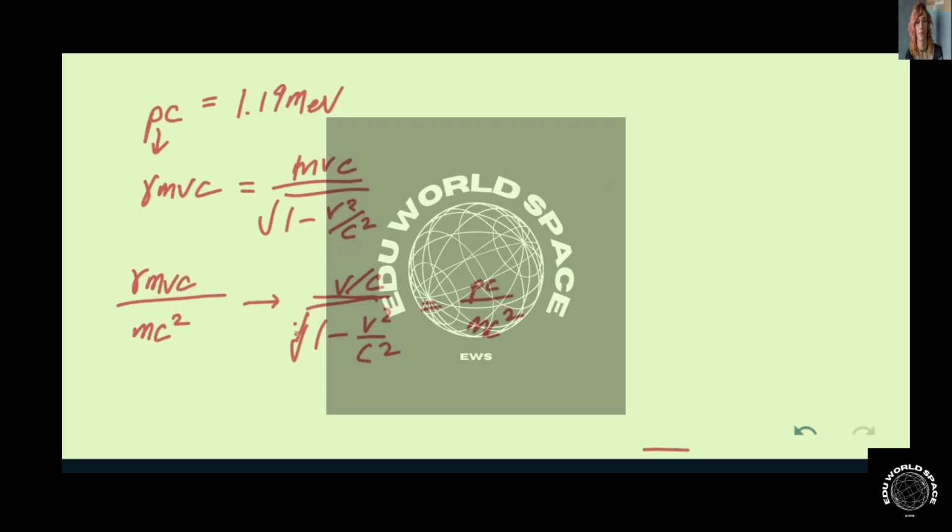We bring the square root over to the right hand side, so v over c is equal to that, then we square both sides.